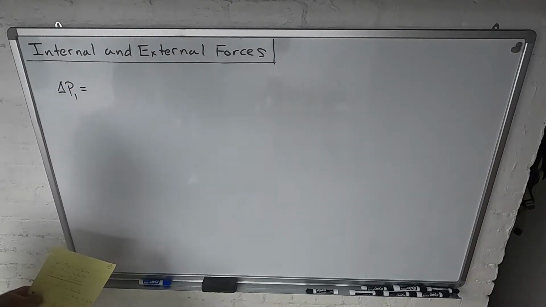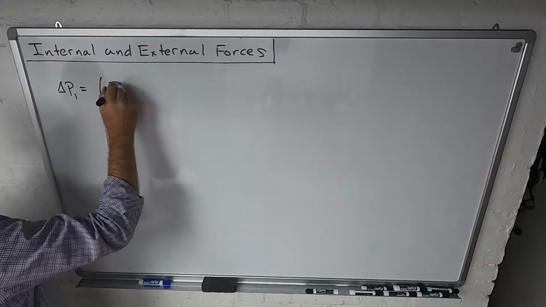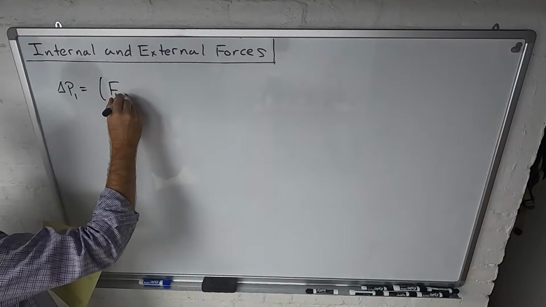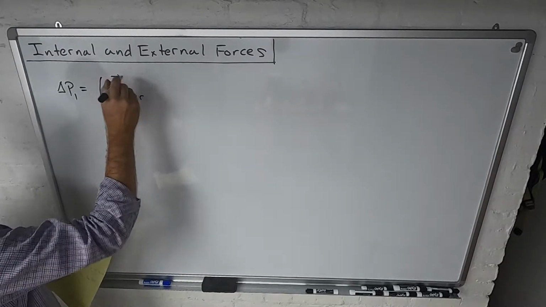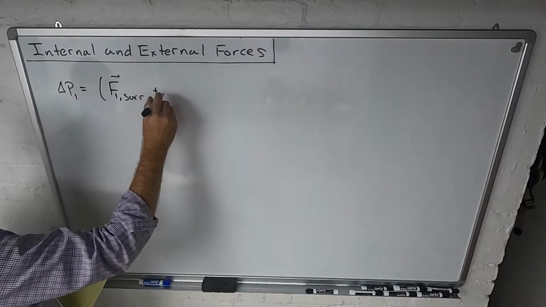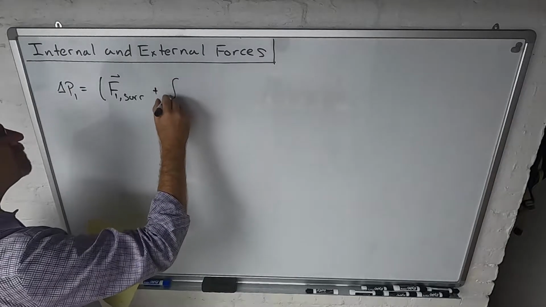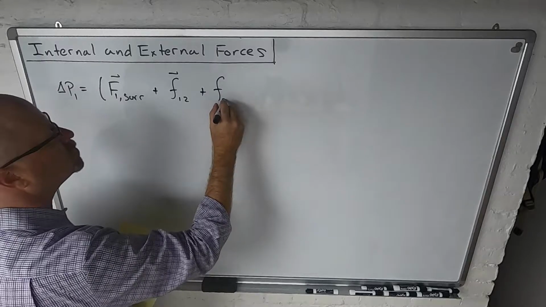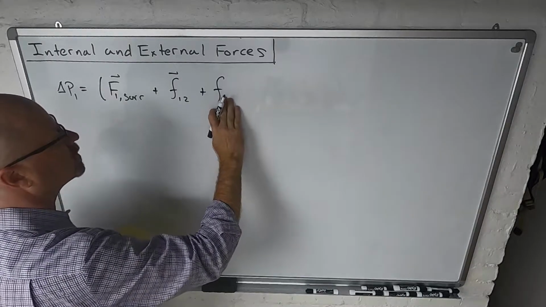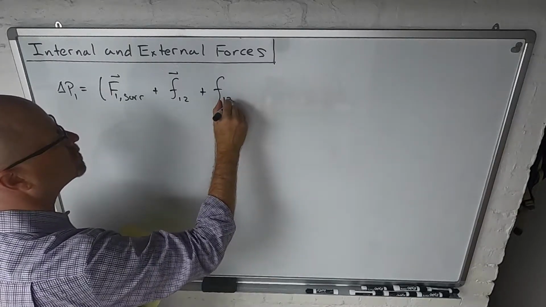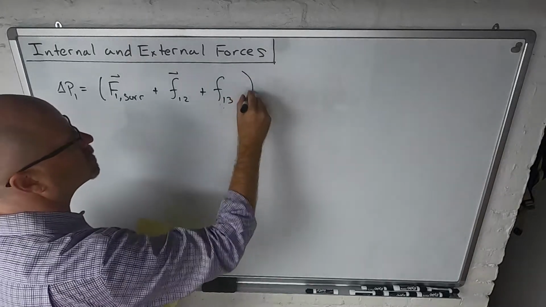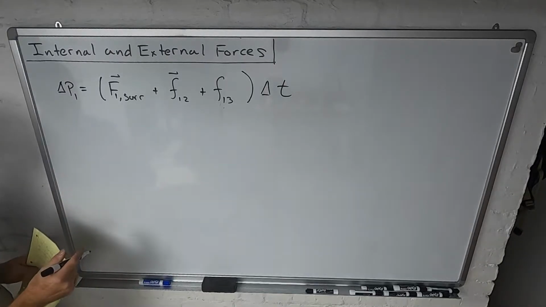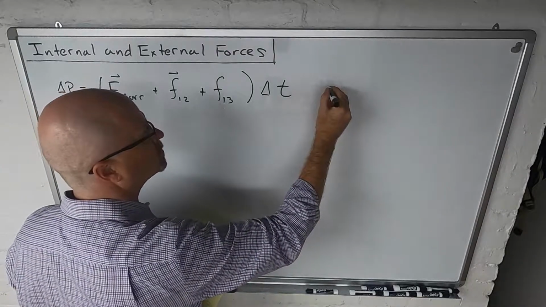That's going to be equal to F on 1 due to the surroundings, so I'm going to sum up all the forces, plus F on 1 due to 2, plus F on 1 due to 3, times delta T. It's just the momentum principle for that first particle. So this is particle number 1.